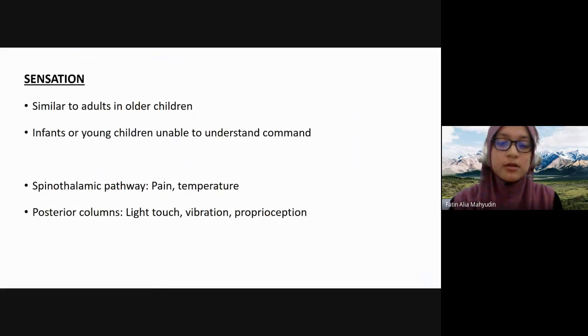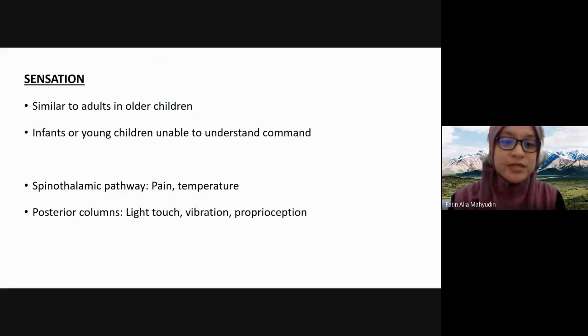Now we are already done with TPR, and we already covered Babinski and clonus, so we move on to sensation, the last one. How we assess sensation is similar to adults. In older children, we use the dermatomes.